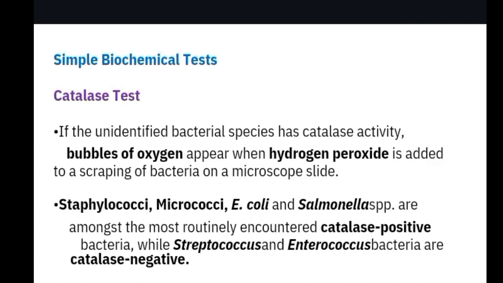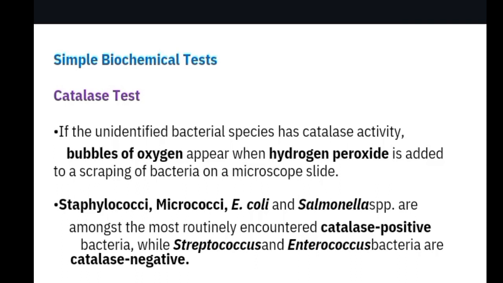If the unidentified bacterial species has catalase activity, bubbles of oxygen appear when hydrogen peroxide is added to a scraping of bacteria on a microscope slide. Staphylococcus, Micrococcus, E. coli, and Salmonella species are among the most routinely encountered catalase positive bacteria, while Streptococcus and Enterococcus bacteria are catalase negative.